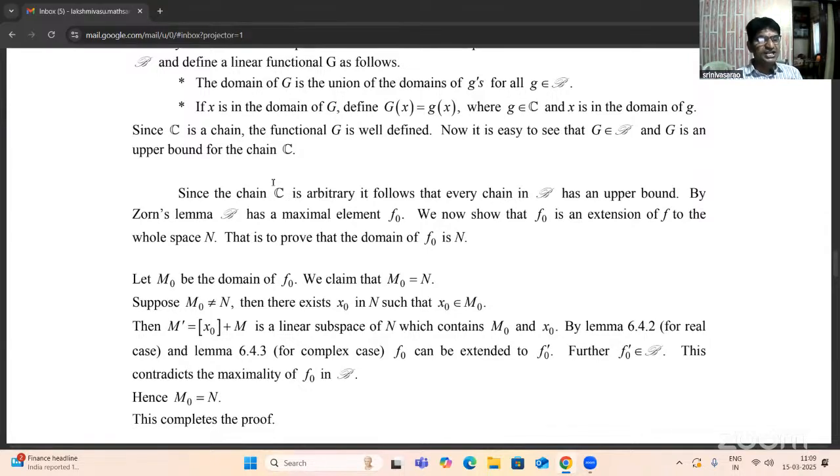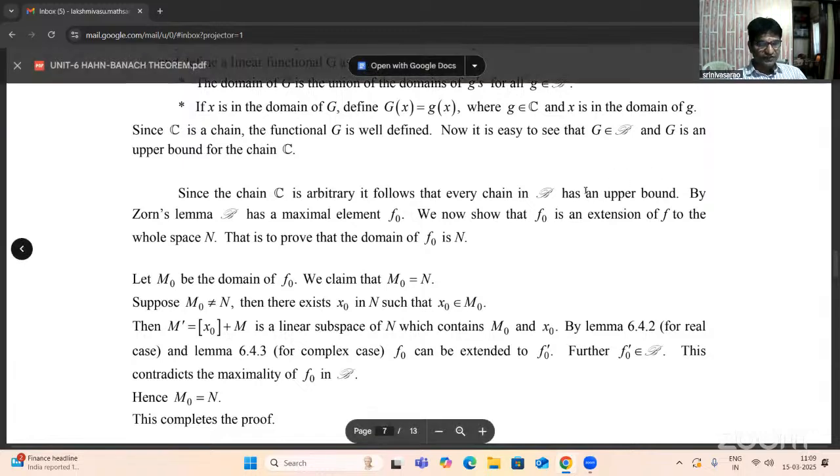It follows that every chain in B has an upper bound. By Zorn's lemma, the set has a maximal element, and say that maximal element is f naught.